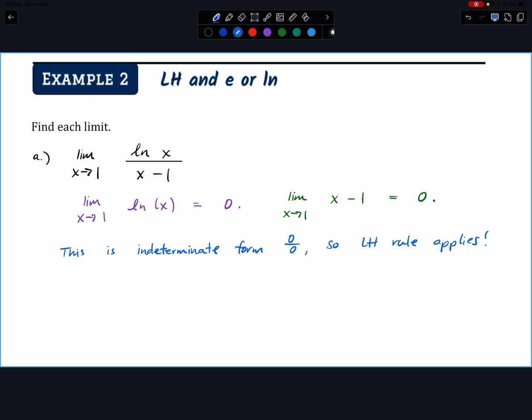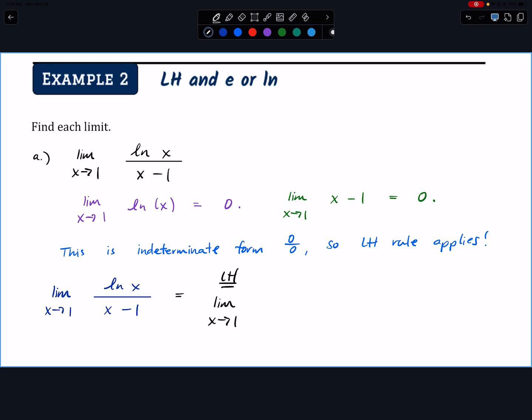So rewrite the original problem. The limit as x goes to 1 of the ln of x divided by x minus 1 is equal to, by L'Hopital's rule, the limit as x goes to 1.